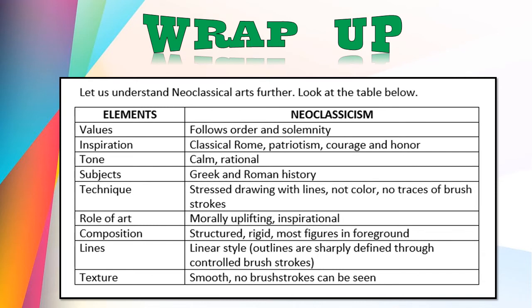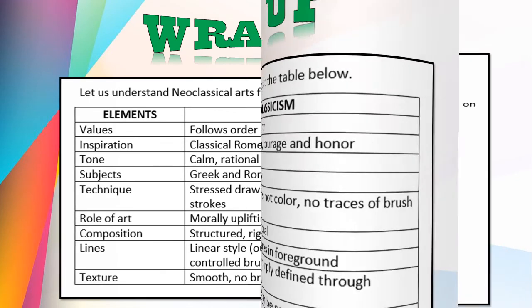The technique stresses drawing with lines, not color, no traces of brush strokes. The role of art: morally uplifting, inspirational. Composition: structured, rigid, most figures in the foreground. The lines: linear style, outlines are sharply defined through controlled brush strokes. The texture: smooth, no brush strokes.